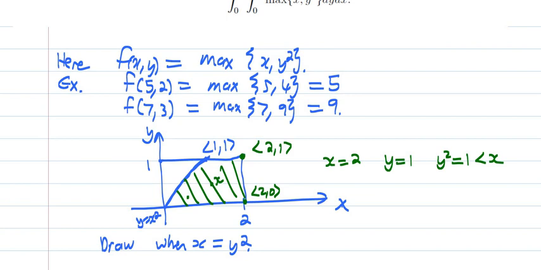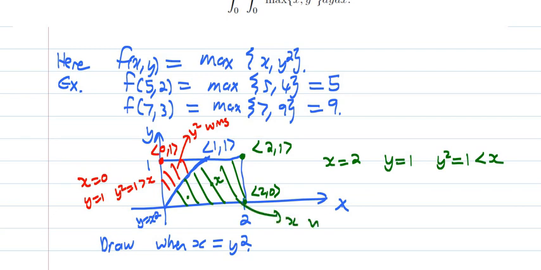Now, if you take a point over here, maybe you take the point when x is 0 and y is 1. So if x is 0 and y is 1, then y squared equals 1 and y squared is more than x. So in the red region, y squared wins. But in the green region, x wins.